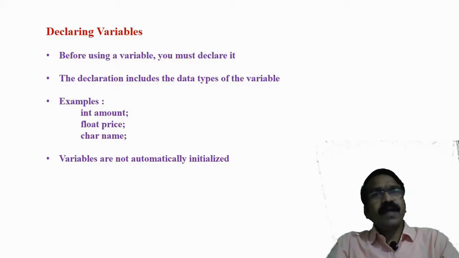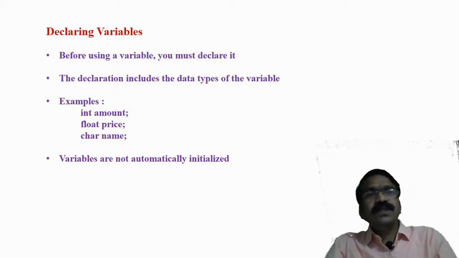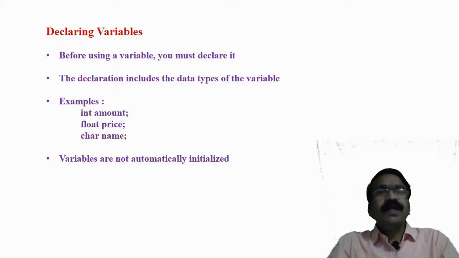Amount variable I have declared with the data type of integer, means only the digits, only the integer value we can store in amount. The next variable we have declared, price, as a float price. Then what will happen? We can store any floating point value in the price variable.